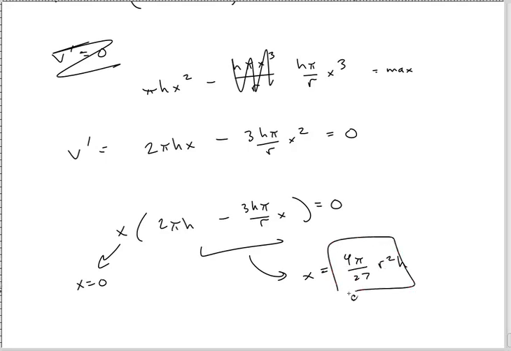Guess which one of these is your answer? It's not 0. What you did here was you minimized your volume, and if you have a 0 radius for your can, you have minimized the amount that could go in there.